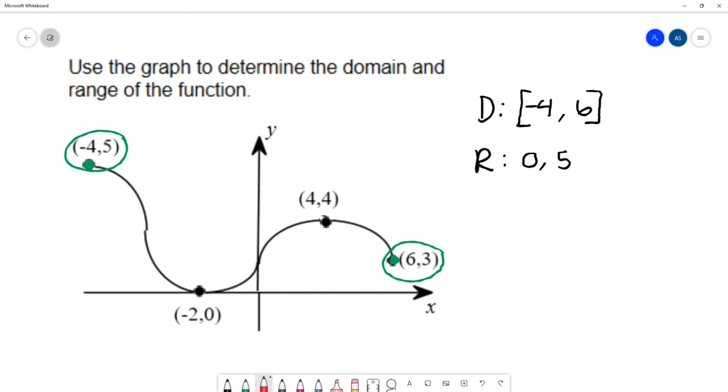Remember, the lowest y value was here, and you can see that's a filled-in circle, so it is included in the range and will include 0. And then the highest value in the range was 5. That's also a filled-in circle, so it will be included. So we'll use a bracket. So we have our range going from 0 to 5, including the endpoints.